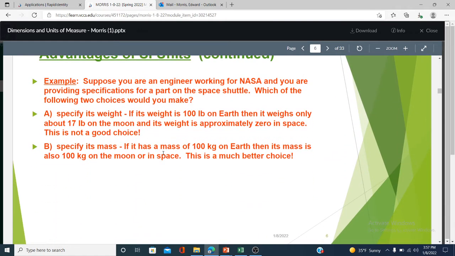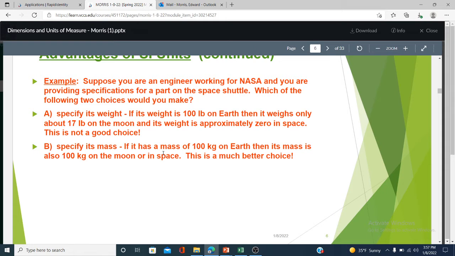Here's an example. Suppose you are an engineer working for NASA and you are providing specifications for a part on the space shuttle. Well, we no longer have a space shuttle, but maybe one day we'll have a new fleet of shuttles. Which of the following two choices would you take? Specify its weight. If its weight is 100 pounds on Earth, then it weighs only about 17 pounds on the moon.